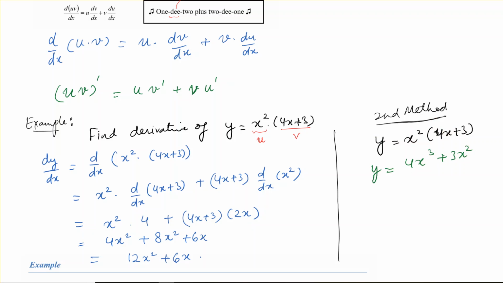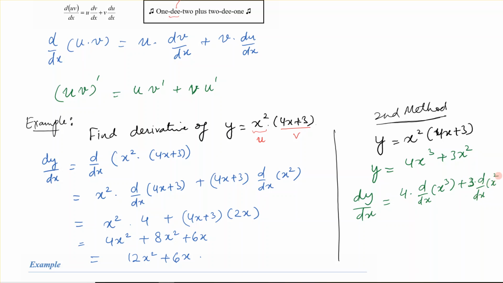Then you take the derivative on both sides. Take 4 as it is, take the derivative of x cubed. 3 is a scalar multiple again, so take the derivative of x squared. The derivative of x cubed is 3x squared and the derivative of x squared is 2x. So overall we get 12x squared plus 6x, which is the same as before.